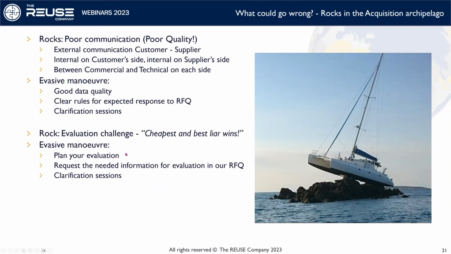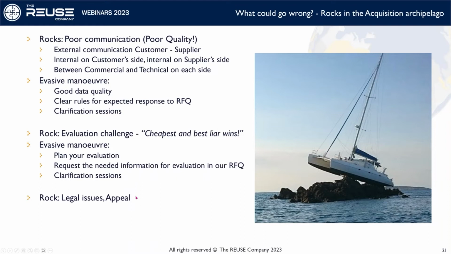What can you do to evade this? Well, of course, you can plan your evaluation and be sure to request the needed information for the evaluation already in the request for quotation. And you should, as I mentioned, think of this already when you start writing your requirements. You should also make room for clarification sessions during the process.